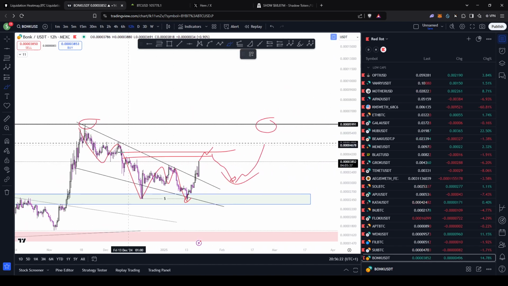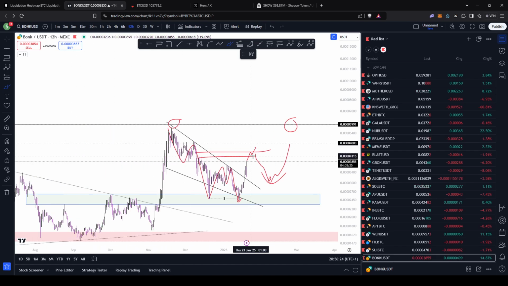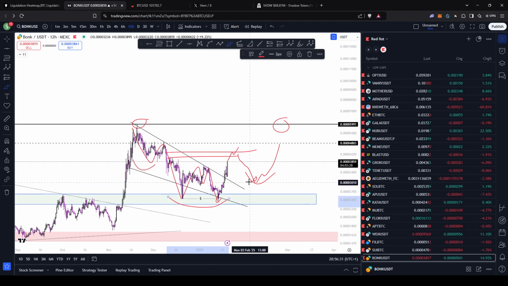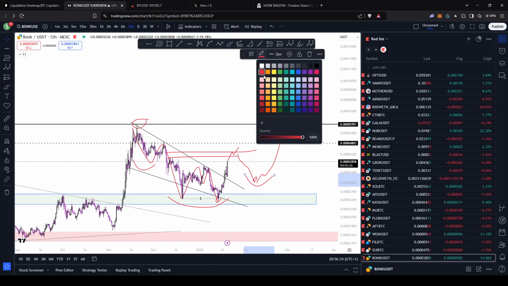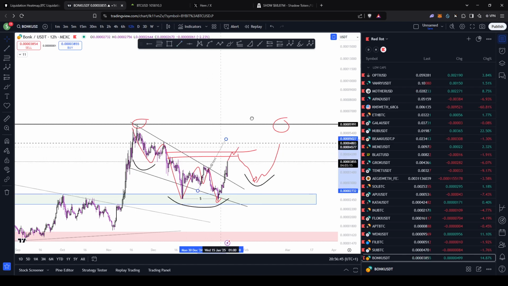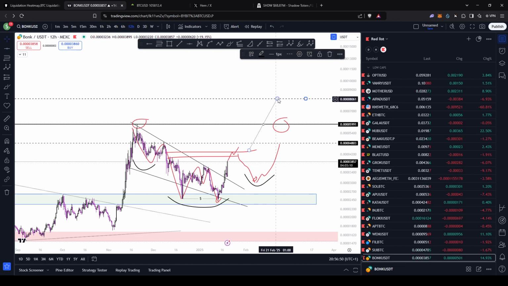Overall structure is very nice. Could even see this inverse head and shoulders, even though it's a bit odd, for a continuation play. Which would put you into new all-time highs around 0.8162 or 61.